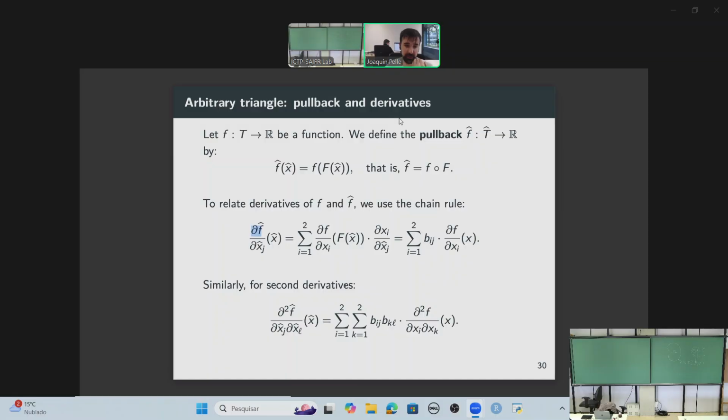And similarly for higher order derivatives, we can get analogous expressions, whereas the higher the order of the derivative, the more factors involving components of the matrix B appear.